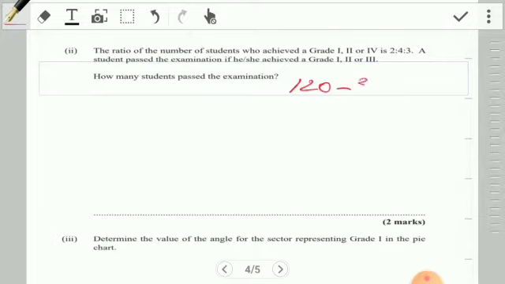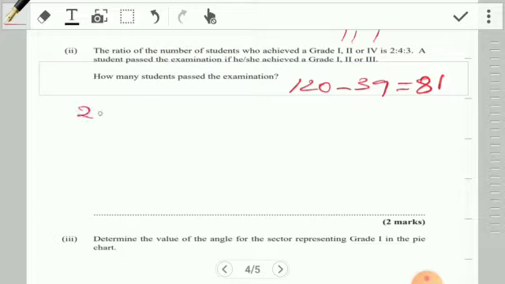If we subtract the 39, 120 minus 39, we would get 81 students that would have scored a 1, a 2, or a 4. So taking the grade 3 out of it, a 1, a 2, or a 4 would have been 81, and this is the ratio for that.